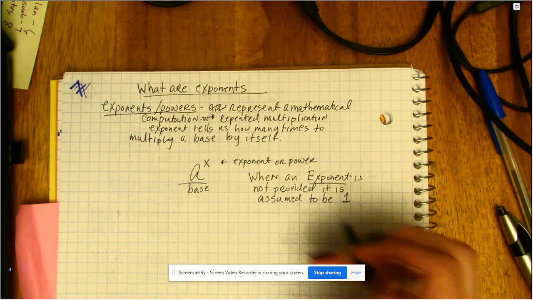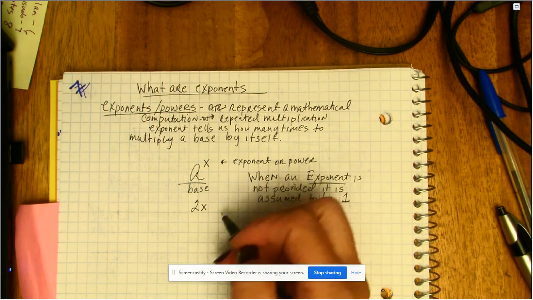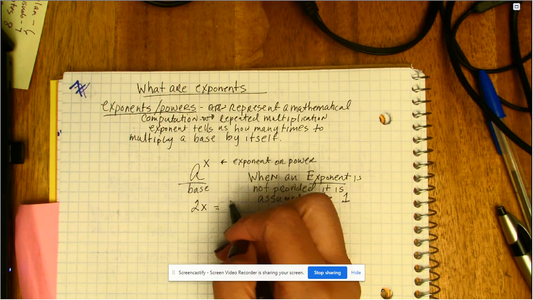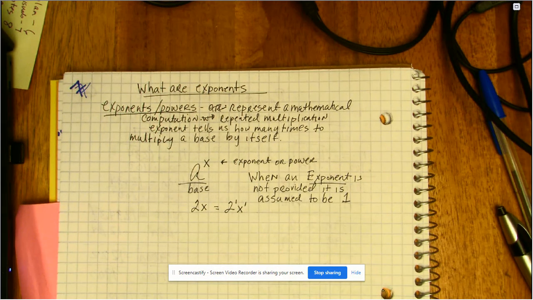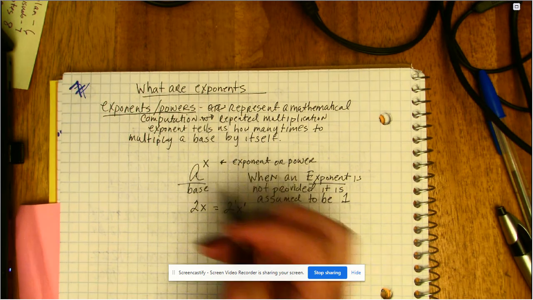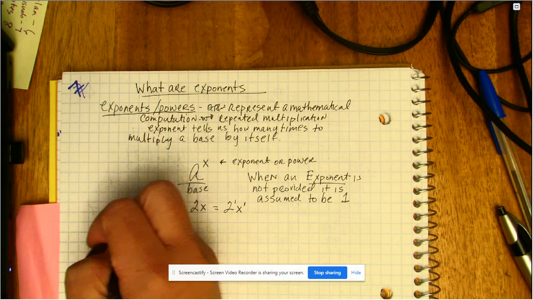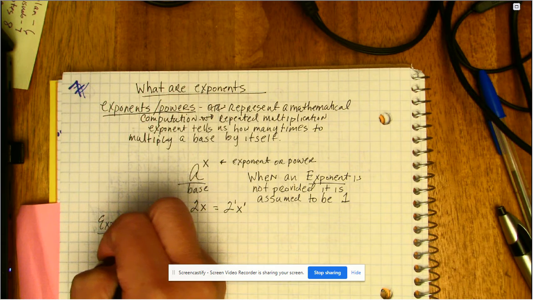So what does that mean? It means if I have the term 2x, if I wrote that with exponents, it would be 2 to the first and x to the first. Okay, so that leads us to our next thing, that we need to be able to read and write exponents. So we're going to just make a little chart here. Exponent or power.